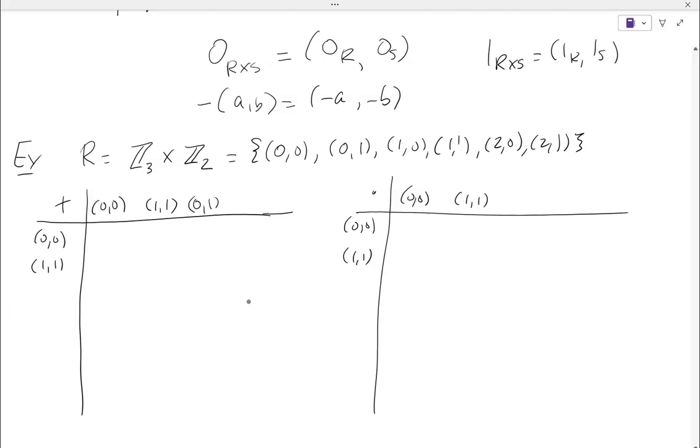I'll do 0, 1, 1, 0, 2, 0, and 2, 1. I put the additive identity and the multiplicative identity in kind of the usual spot, if you will.